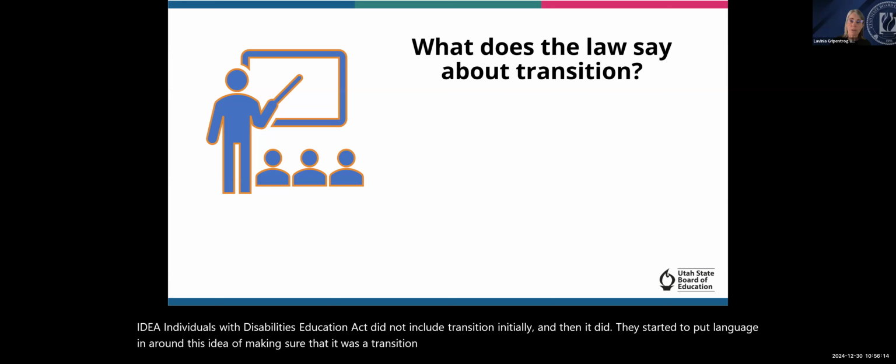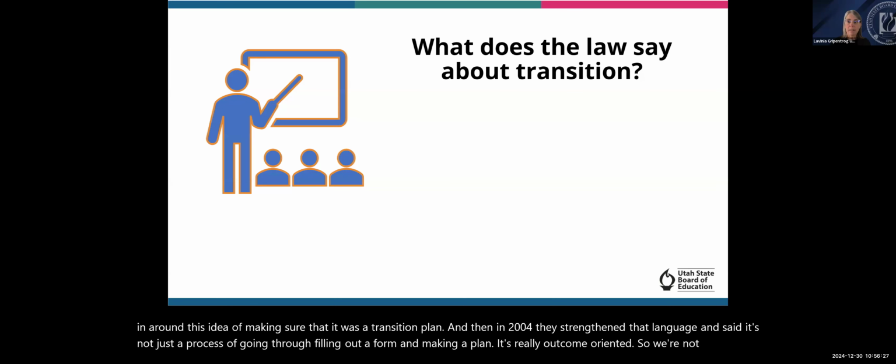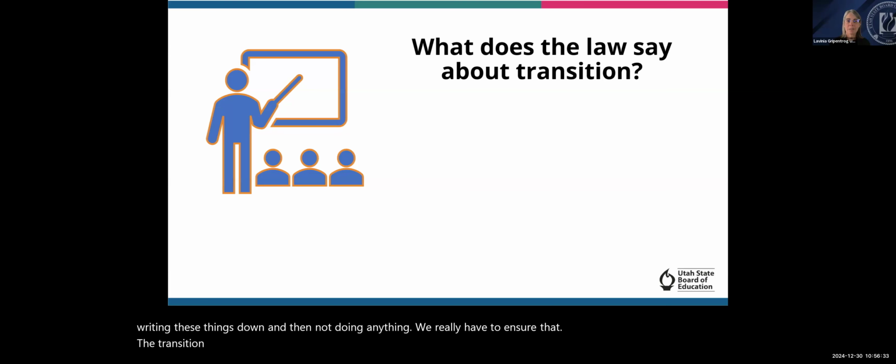And then in 2004, they strengthened that language and said it's not just a process of going through filling out a form and making a plan. It's really outcome oriented. So we're not just writing these things down and then not doing anything. We really have to ensure that the transition plan is implemented so that we have better outcomes for students.